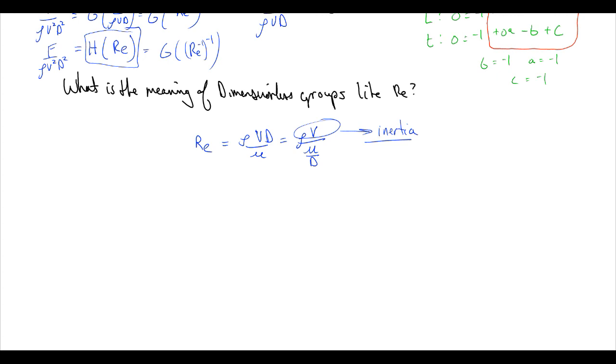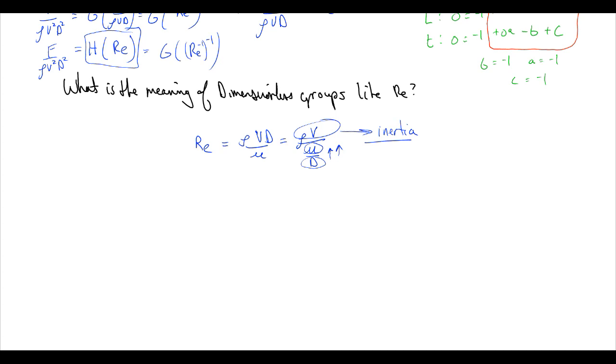Because remember, what we said is that if we have a very small d, our viscous forces go up. And if we have a big mu, our viscous forces go up. If we have a viscous fluid, we're going to have a high viscosity. So this is a measure of our viscous forces.